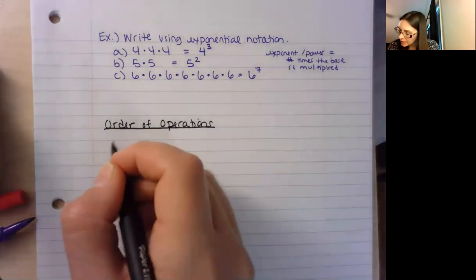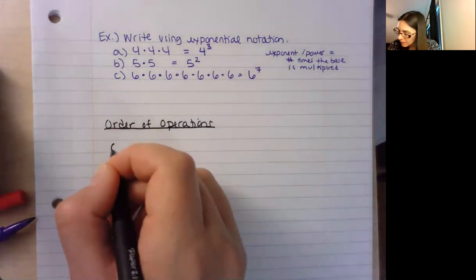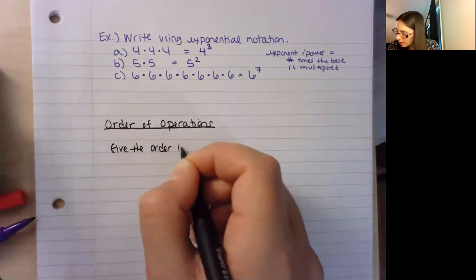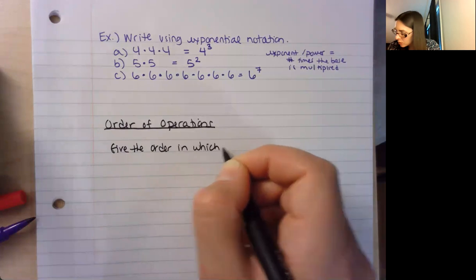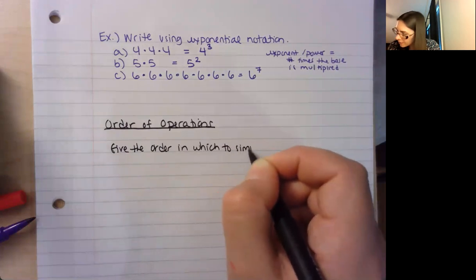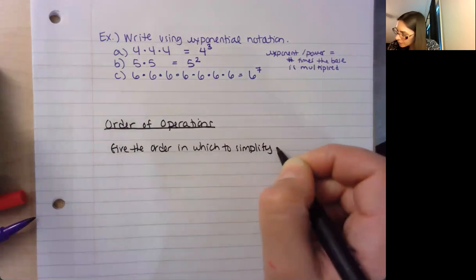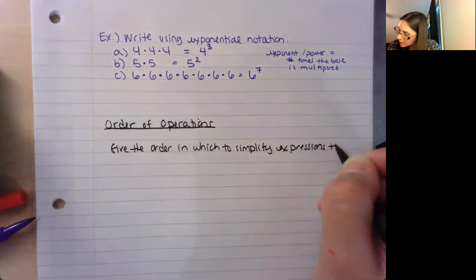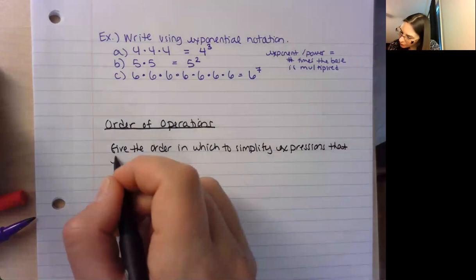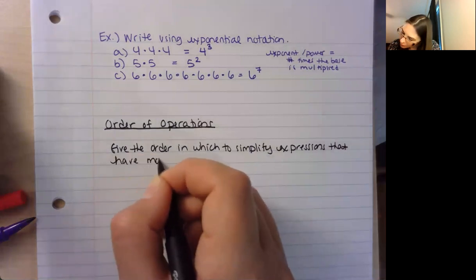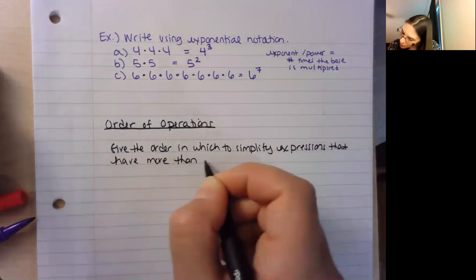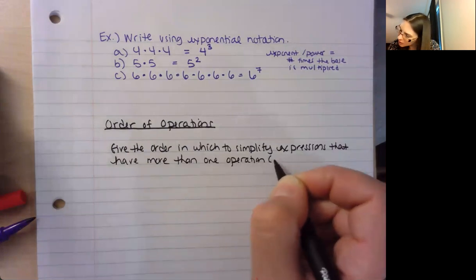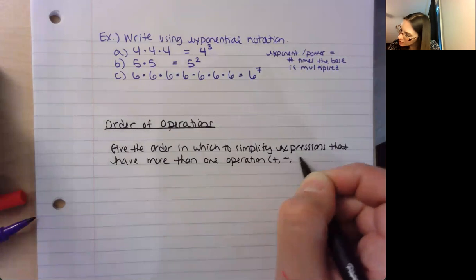So what this does is this gives the order in which to simplify expressions that have more than one operation.